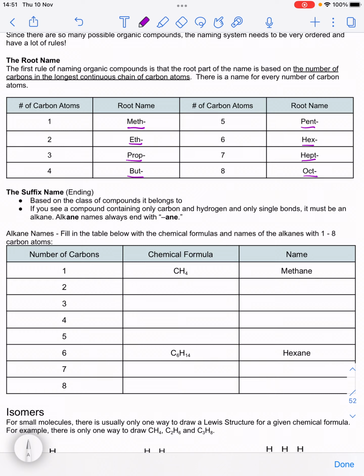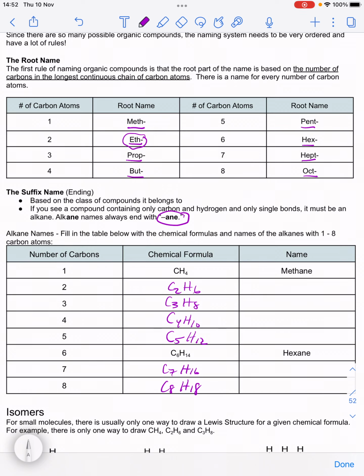Now with ane, the alkanes, they're always going to end in ane. That's how we're going to know that it's an alkane. And again, what does it mean to be an alkane? It means you're only made of carbon and hydrogen, and all the bonds are single bonds. So we did these formulas up above, so I'm going to fill them in here. And then I apply the root name and the ending.